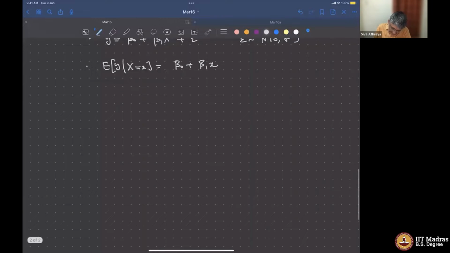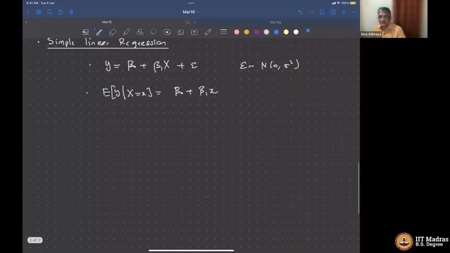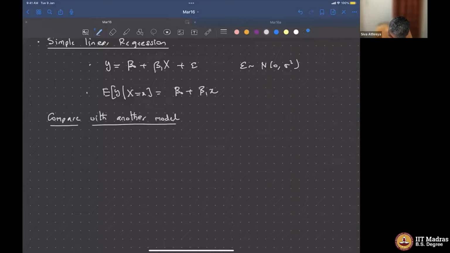Now, for the sake of argument, suppose I want to compare this model with another model. So what's the easiest model to compare? Let me provide the simplest model of it all.